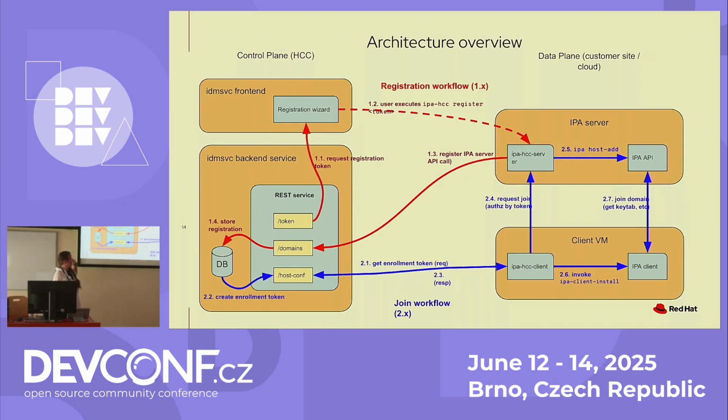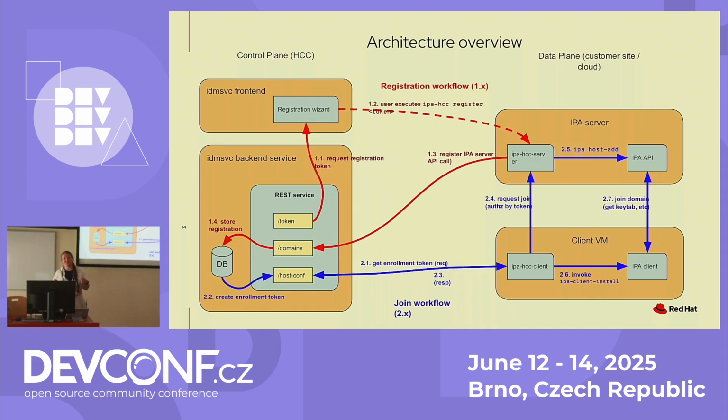So first, you as a user go to the UI and invoke the wizard to register your identity domain. In the background, this wizard requests the token that you need to provide while registering your identity.